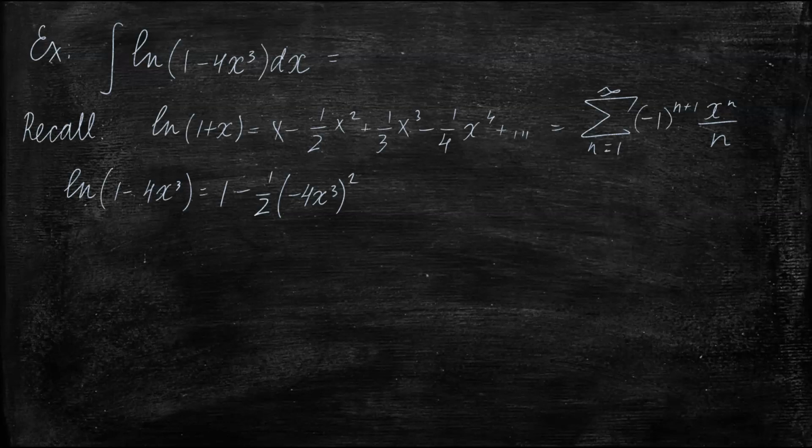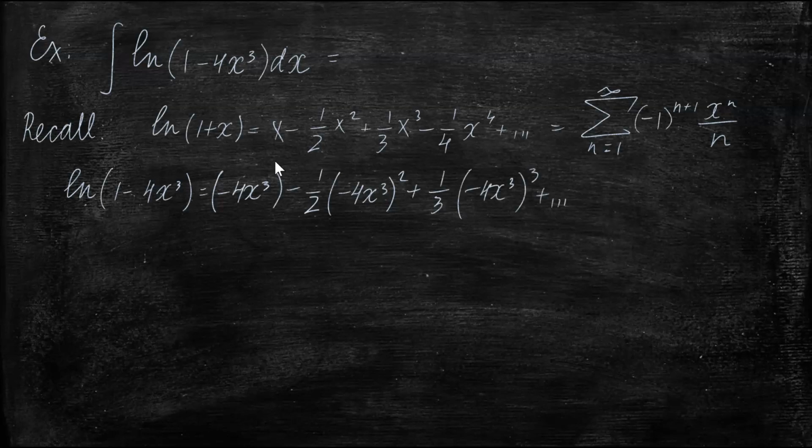So when n is 1, we get 1. Yes, there you go. So this should have been x, not just 1. Apologize about that. So instead of x, we put negative 4x cubed. And now we see, right? So negative 4x cubed, etc.